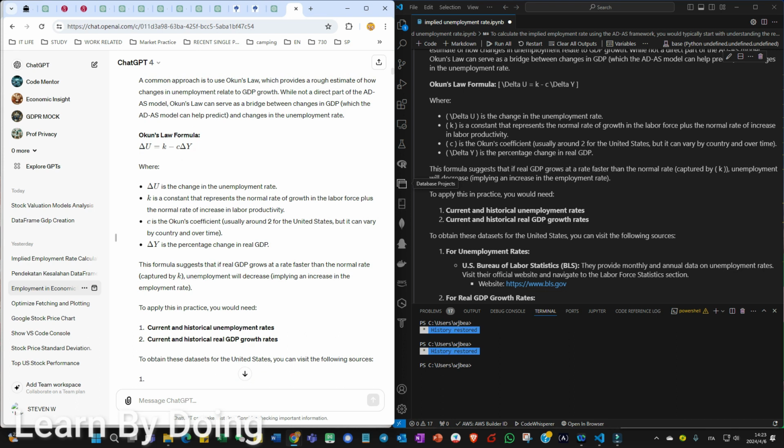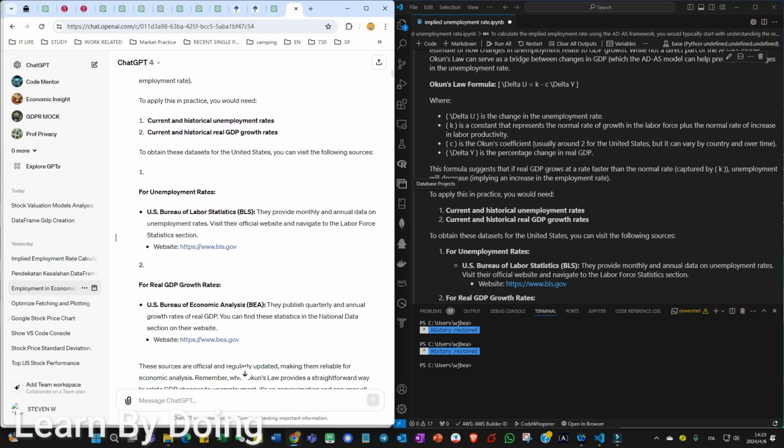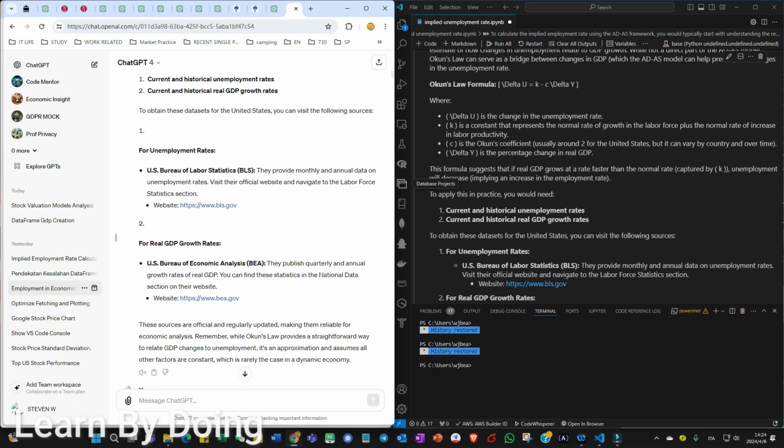It continues to give me a hint that to apply this in practice, we need the current and historical unemployment rate, which makes sense, and the real GDP growth rates. It also says where I could get this data from.